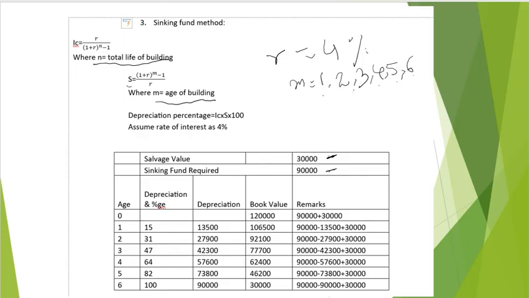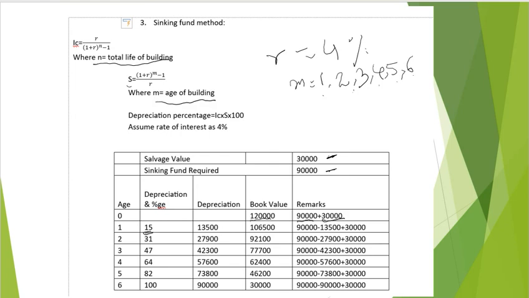So if you calculate IC into S for the first year, first thing to remember, we can write 1,20,000 as 90,000 plus 30,000. The 30,000 value will remain the same throughout the years. So you will get at least 30,000 as salvage value, whatever the age of the building. Now IC into S for the first year will be 15%.